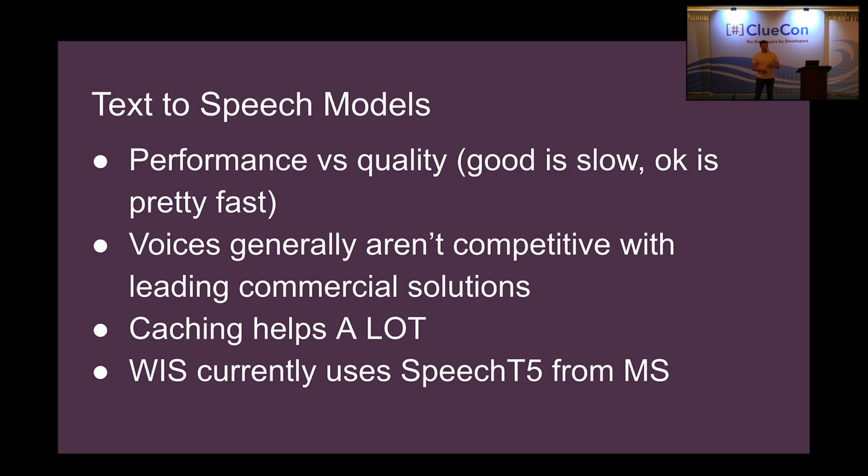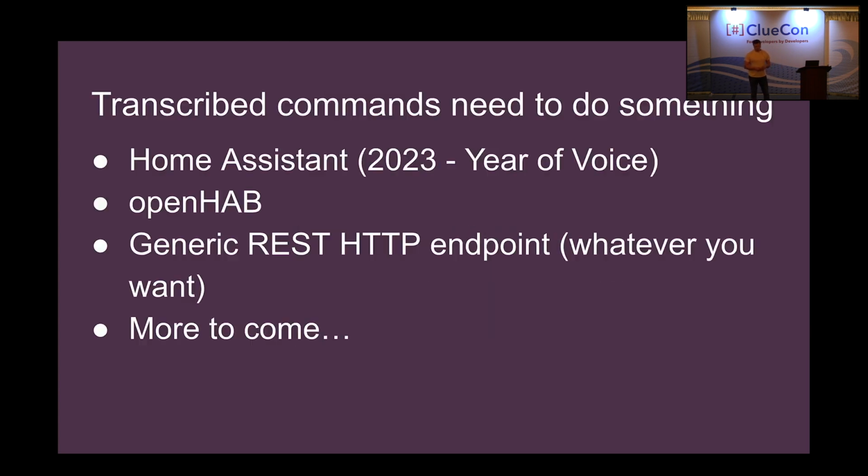So we do things like caching to improve the speed and the response. So turned on light is basically served from RAM at that point, comes back extremely quickly. And then when speech actually needs to be generated, we currently use the SpeechT5 implementation from Microsoft. So I like to say Willow doesn't actually do anything.